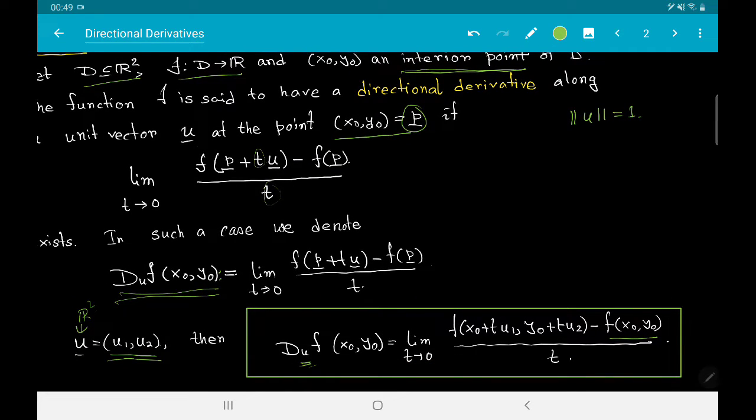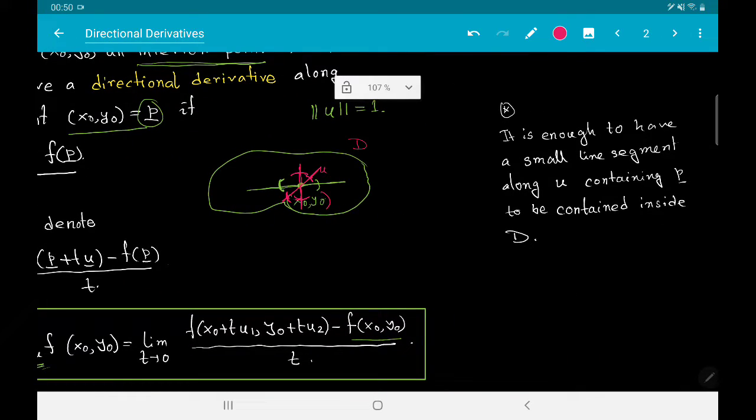You remember when we talked about the partial derivative with respect to x at a point x0 y0, all we wanted was a small horizontal line segment passing through x0 y0 to be contained inside the region D. Similarly, when we talked about the partial derivative with respect to y, all we needed was a small vertical line segment passing through the point x0 y0 to be contained inside our region D. So when we talk about a rather arbitrary unit vector u, all we would need is a small line segment along the vector u that passes through the point x0 y0 to be contained inside D. I have written this here.